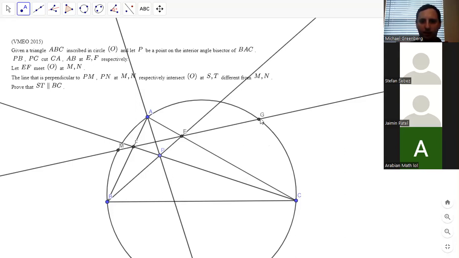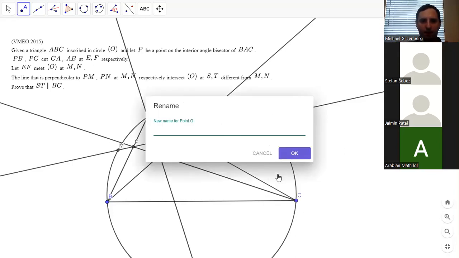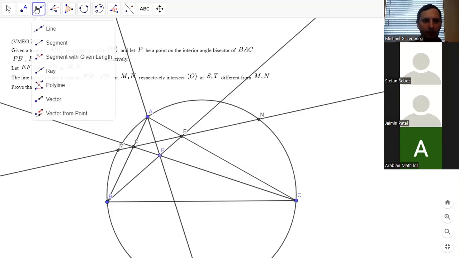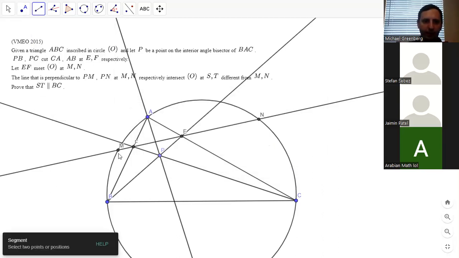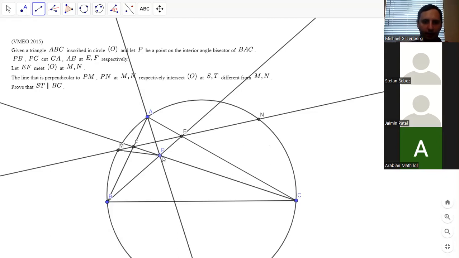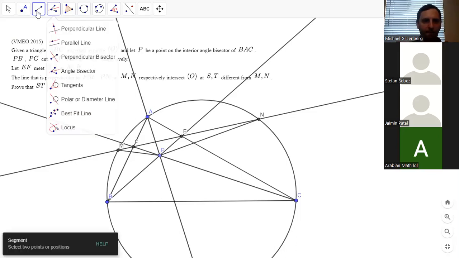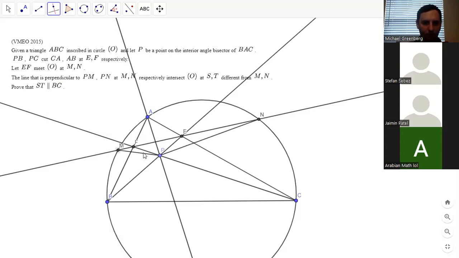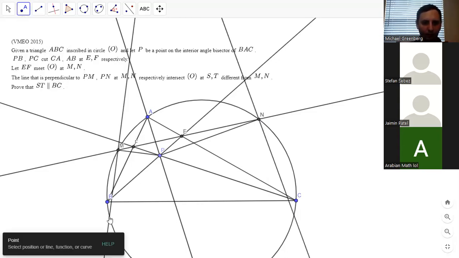This should be N. Okay, so we draw the perpendiculars to PM and PN at M and N. And they intersect the circle at S and T. Okay. And then we want to show that ST is parallel to BC.